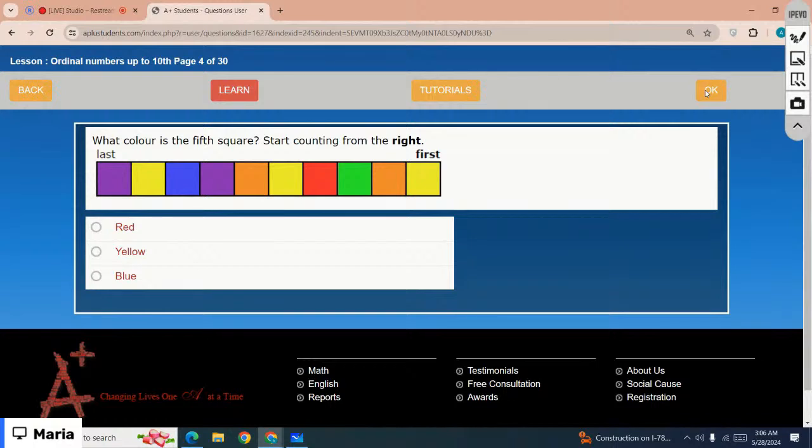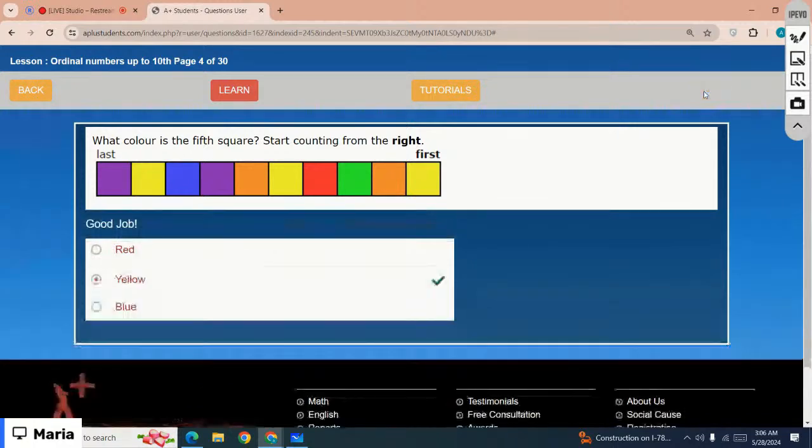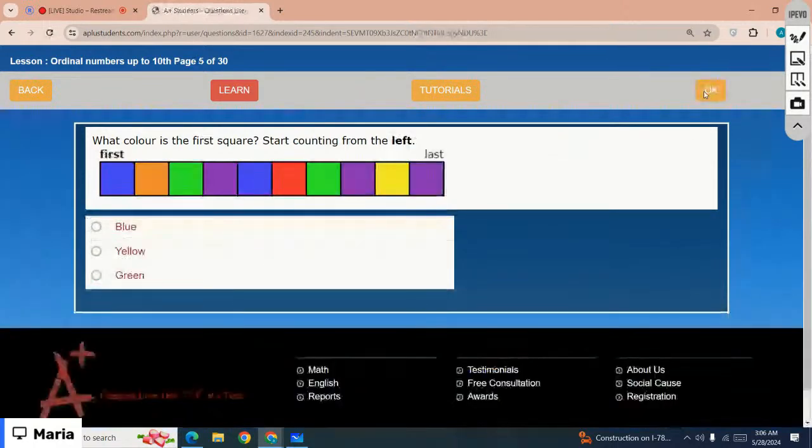The correct option is yellow. The fifth one is yellow. Very good. What color is the first square? Start counting from the left. So which is the correct option?